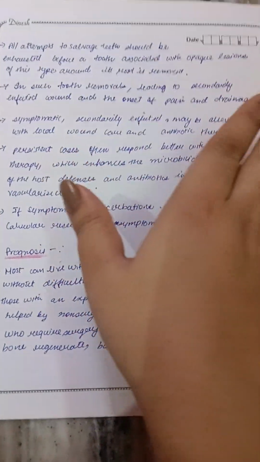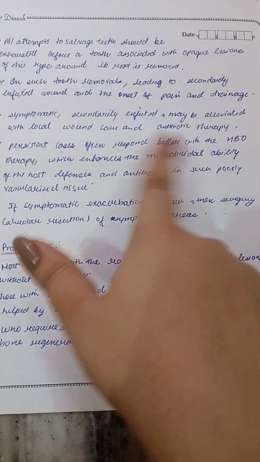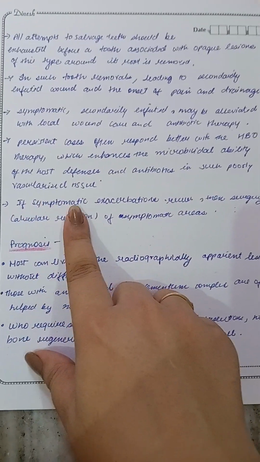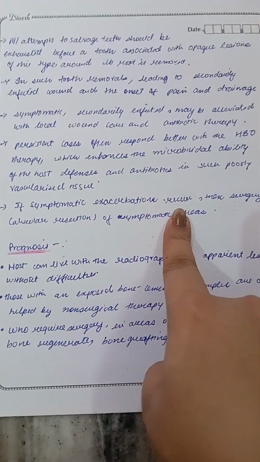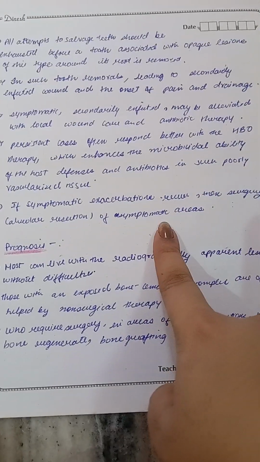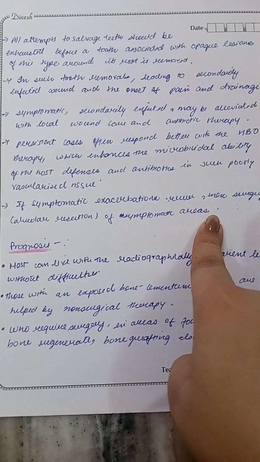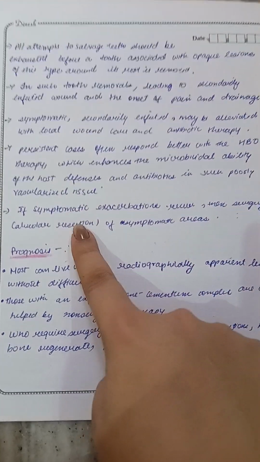As it is avascular, acellular, HBO therapy is of great help. Now, if symptomatic exacerbation recurs, then surgery, that is alveolar resection of the symptomatic area, is necessary. If it recurs, then surgery is the last option.